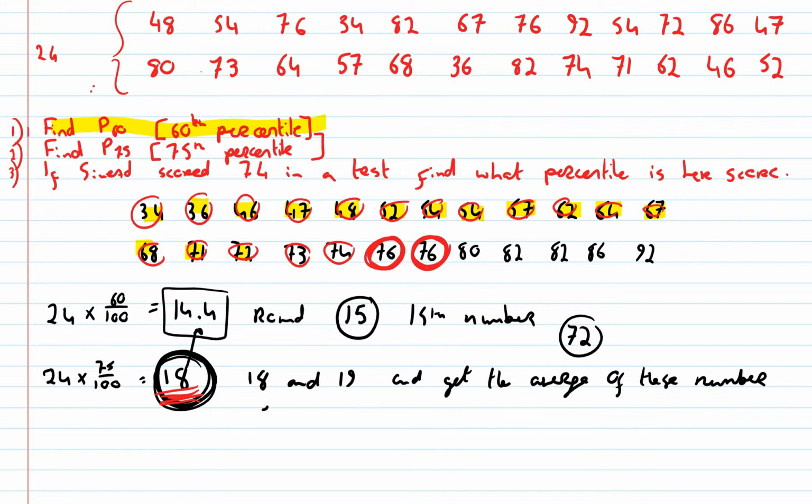The average will be one number plus the other number, and divide my answer by 2. Just getting the average. And it's just a coincidence that the average of 76 plus 76 is just 76. So what that is saying is if you scored 76, you would have done better than 75% of the people doing the test.